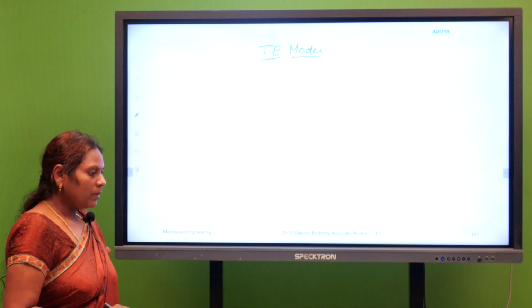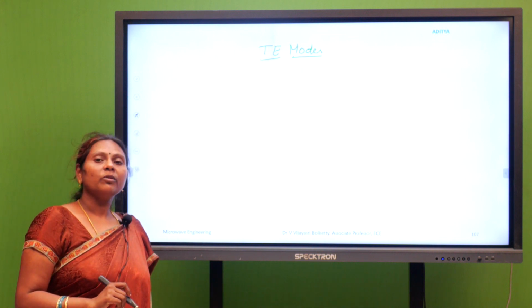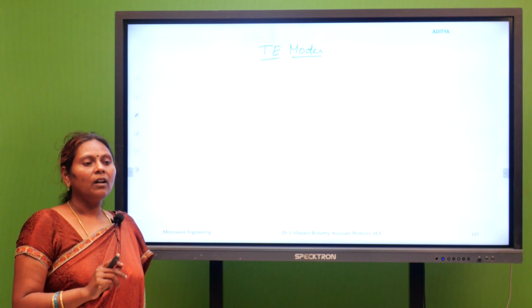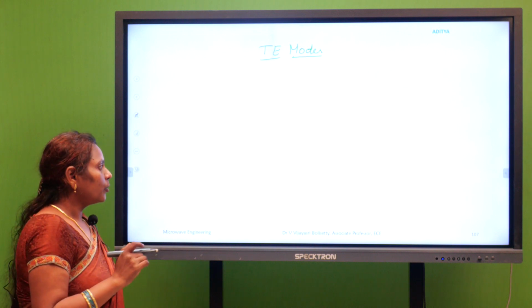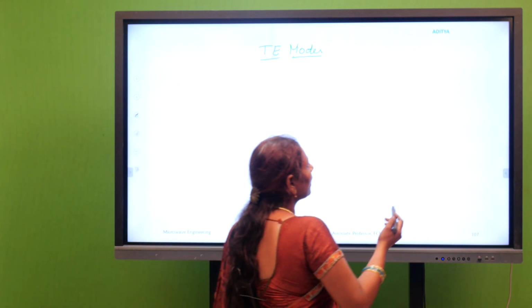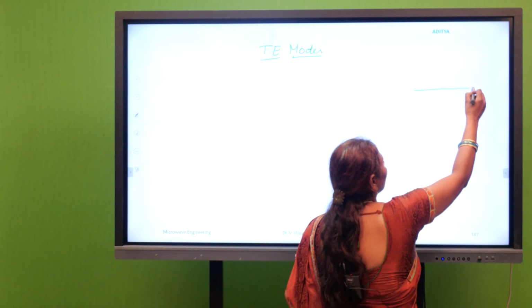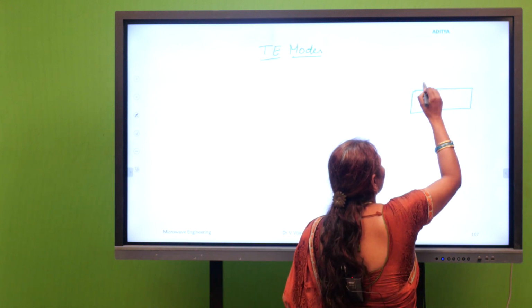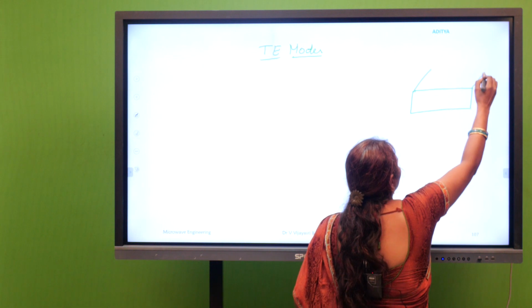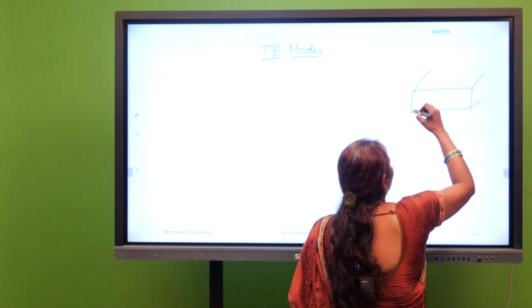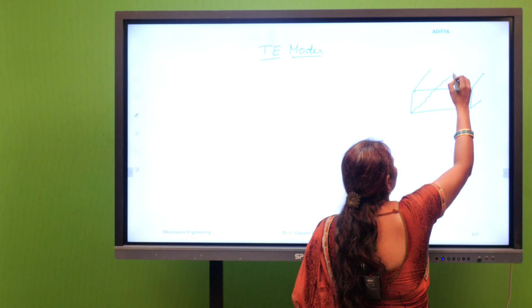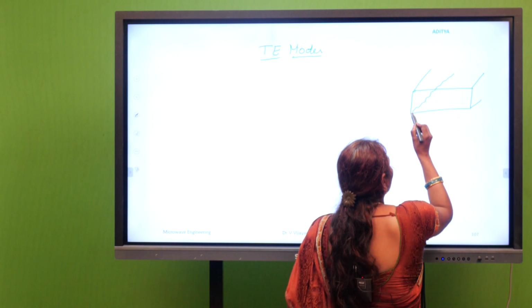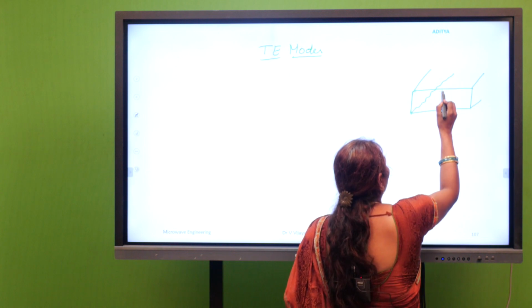TE mode means the transverse electric mode. That means always, if you take the rectangular waveguide, the electric field is perpendicular to the direction of propagation. Suppose the wave is going to propagate in this direction, the electric field is perpendicular, that means it is normal.